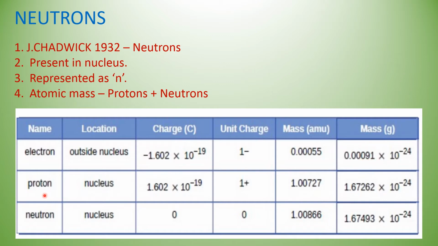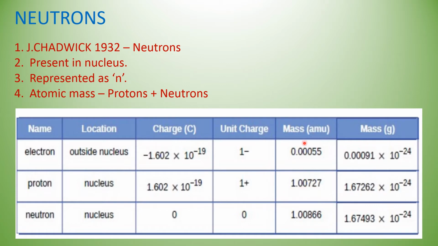Now protons are present in the nucleus, and neutrons are also present in the nucleus. Protons have a positive charge, dear students, positive. 1.602 into 10 to the power minus 19, the numbers are the same, so easy to remember. This is positive 1.